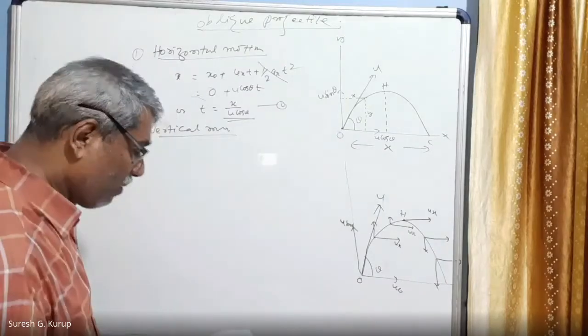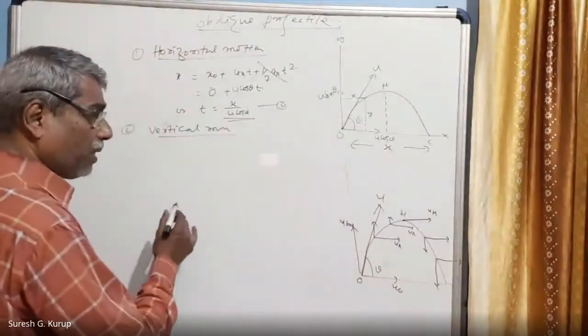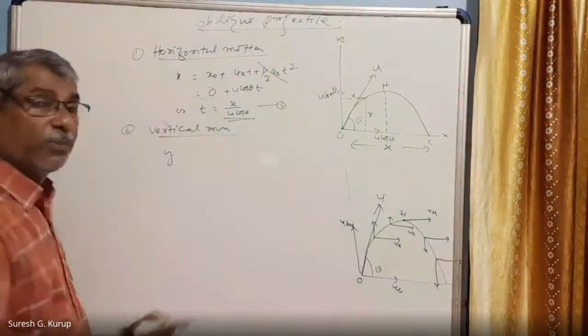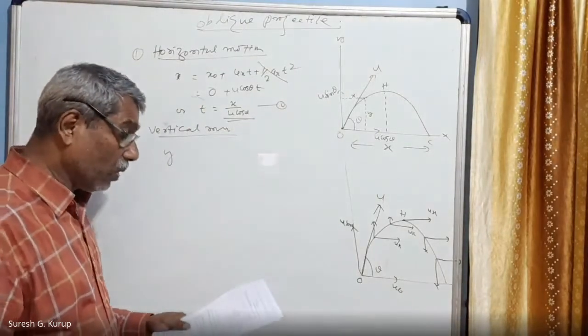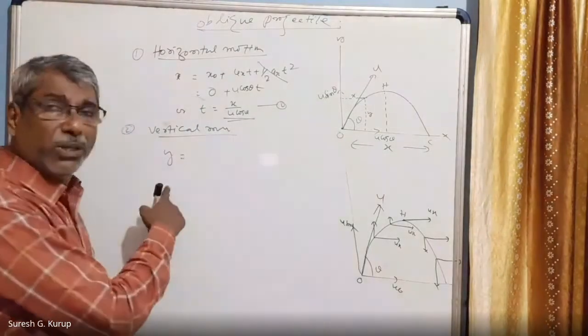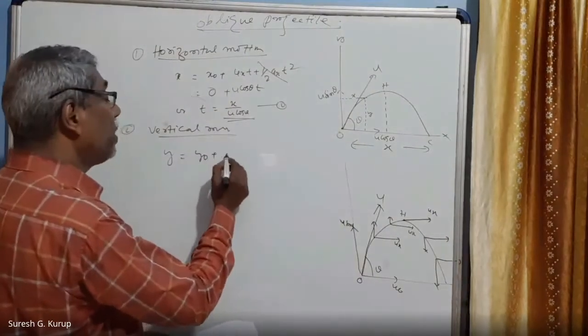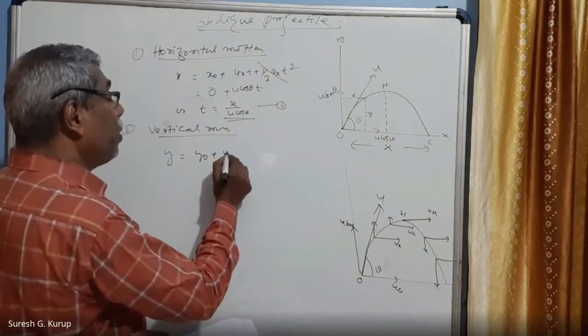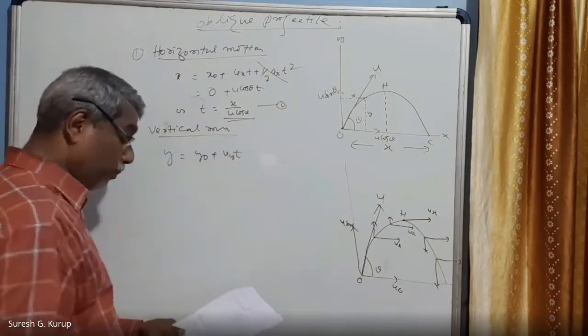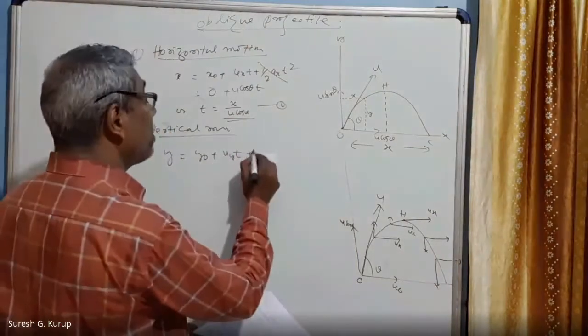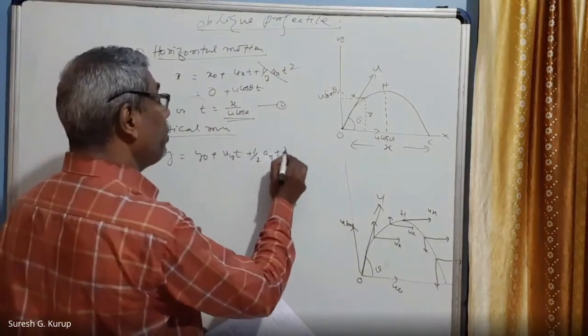When I talk about vertical motion, the displacement of the body in the vertical direction is y equal to y0 plus uy t plus half ay t square.